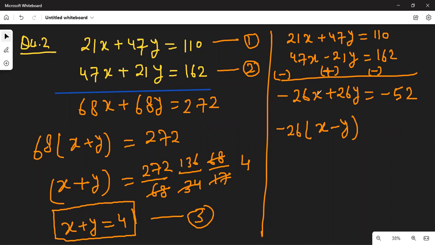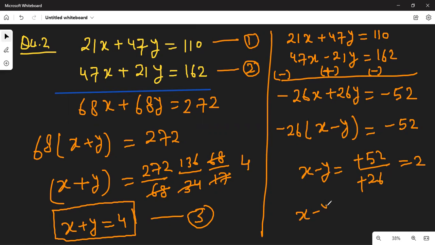When we take a negative number common, the sign inside the bracket will change, equals negative 52. So we get x minus y equals negative 52 divided by negative 26. And of course, you can see this negative gets cancelled, 26 times 2 is 52, right? So the second equation we get is x minus y is equal to 2.